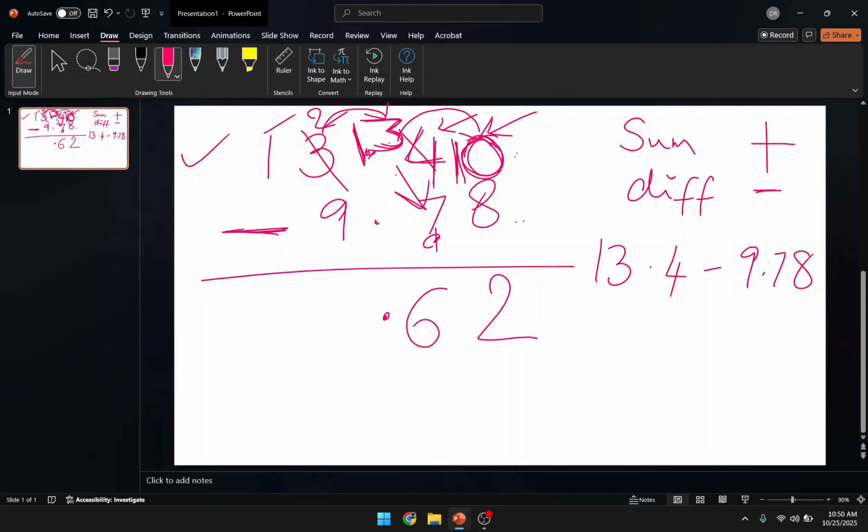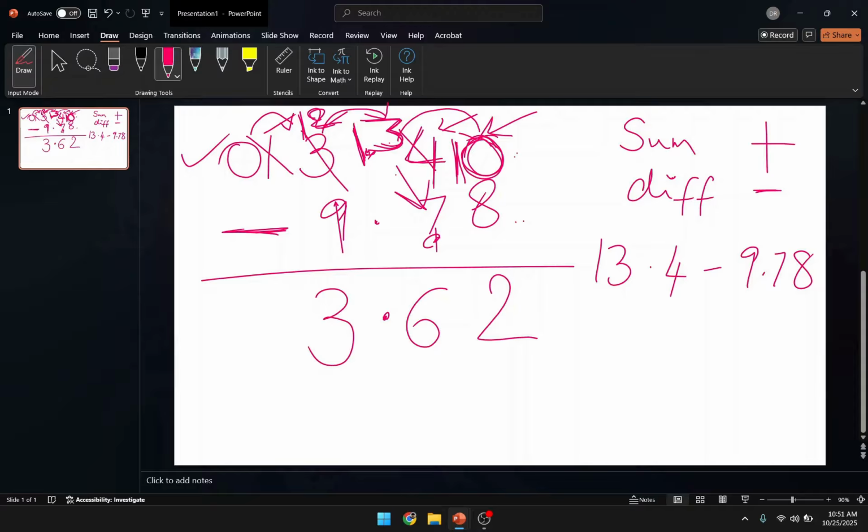Now I have 2 here, I have 9 here. Can I subtract 9 from 2? I can't do that. So let's do the same thing again. Borrow. This becomes 12 and this becomes 0. Because I borrowed, I'm removing 1. So this becomes 0. This becomes 12. 12 minus 9 I know is 3.